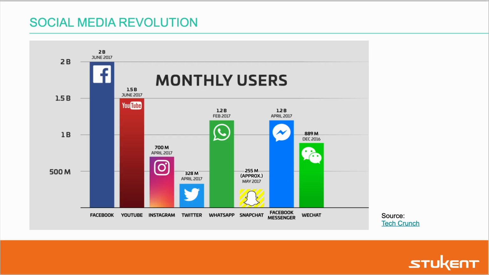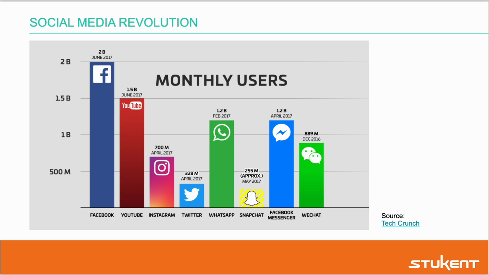Obviously, by monthly users, Facebook and Instagram are still the behemoths, but YouTube and TikTok are coming up right behind them. This data is a little bit old, but TikTok is slowly catching Instagram and Facebook. And a lot of people don't realize that YouTube is a social media platform. Why is it social media?